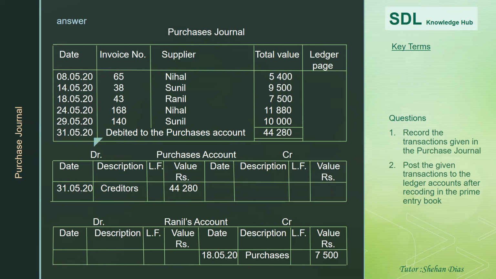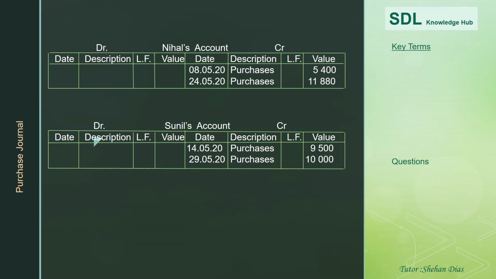The purchases account will be debited on the last day for 44,280. And for each transaction, the individual creditor will be credited. Ranil's account will be credited for 7,500 and Nihal's account will be credited for 5,400 and 11,880 because there are two transactions.